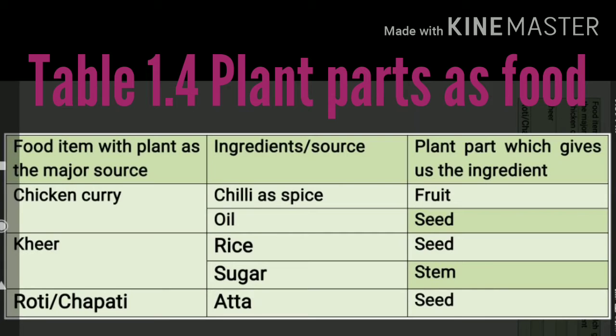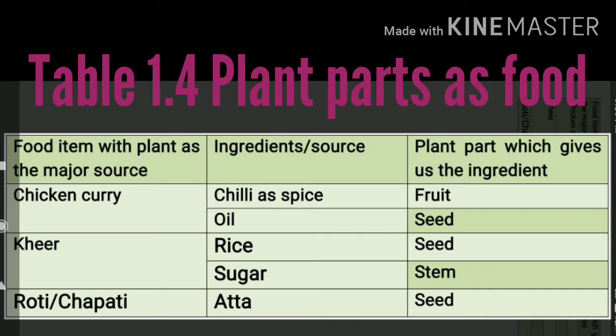Second ingredient used to prepare chicken curry is oil. As I told first, oil we are getting from groundnut, mustard, soya bean. So in the first food item also we have seen that oil comes from the seed part of the plant which gives us the ingredient.